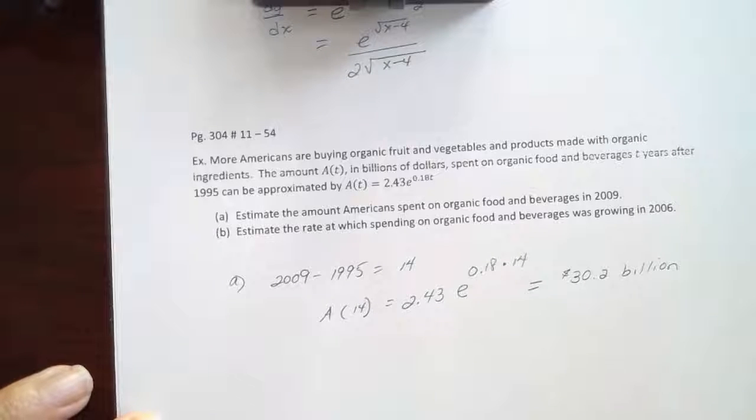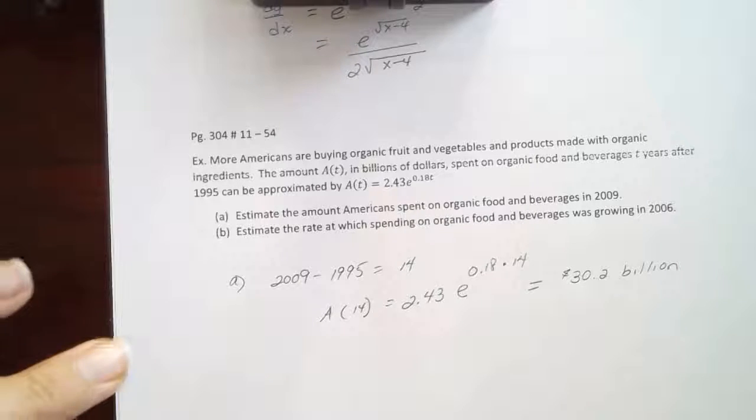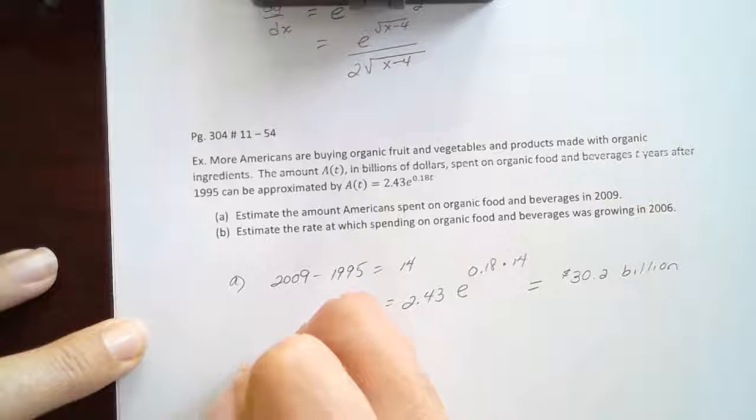Okay, and then in part B it says estimate the rate at which spending on organic food and beverages was growing in 2006. Okay, the rate of growth is going to be equal to the slope of our tangent line, so let's go ahead and get a derivative.